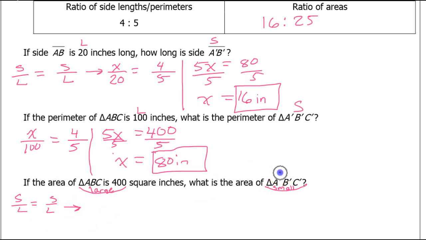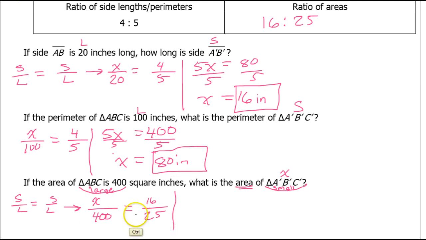We're looking for the small one, so I'm just going to call that x. So we'll have x over 400. But be careful, these are now areas that we're talking about. So because we're talking about areas, we're going to use the area scale factor. So that's going to be 16 over 25.